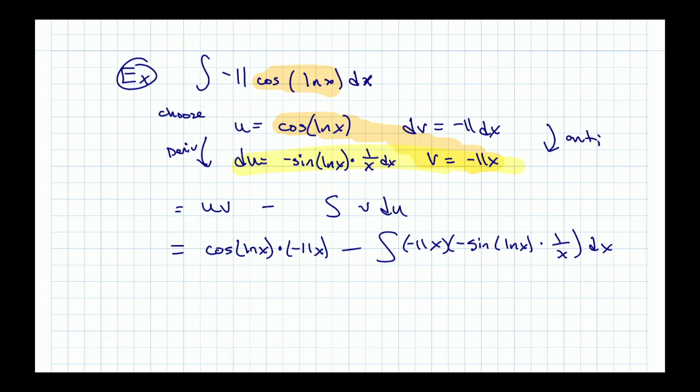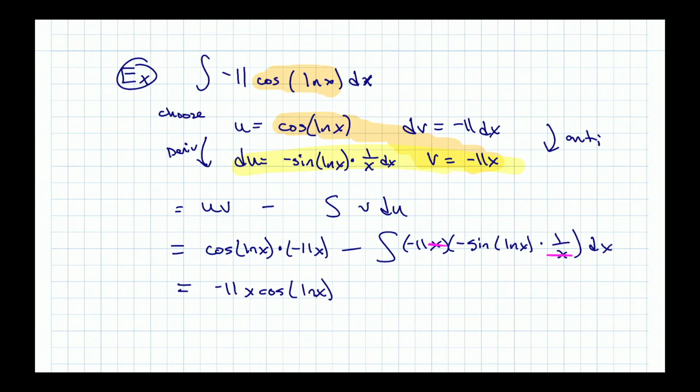Okay, so what happens here is that the x and the x can cancel, and what you're going to get is, we'll see, negative 11x cosine ln x.